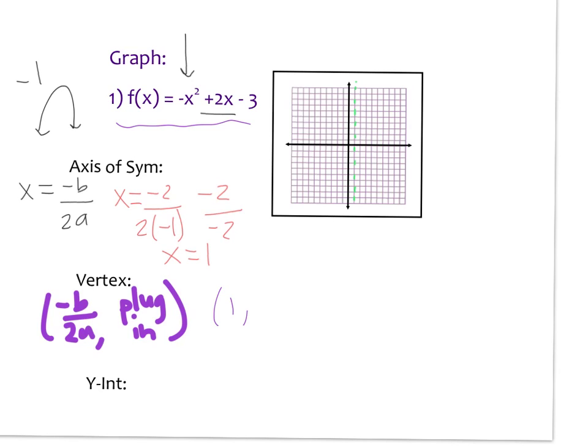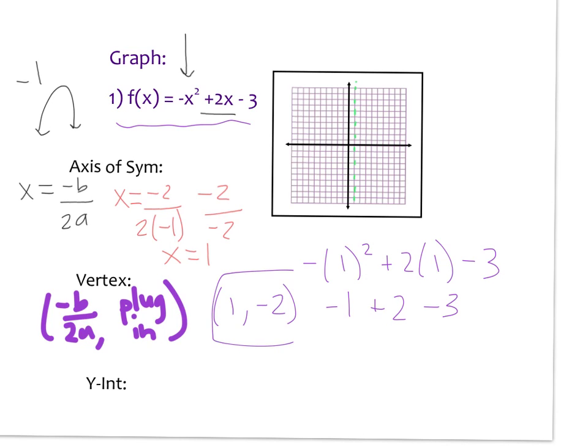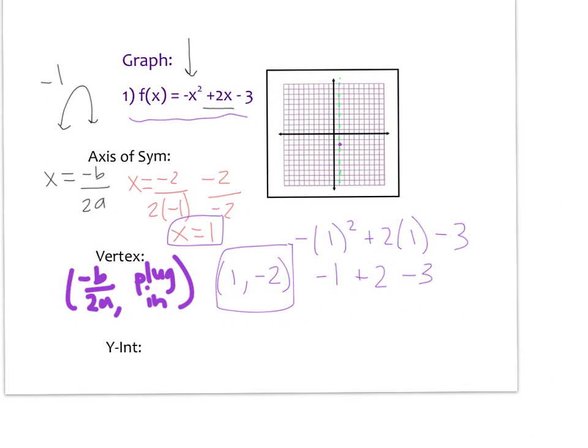So here I have negative times 1 squared plus 2 times 1 minus 3. So 1 squared is 1, but with a negative is negative 1, plus 2 minus 3, which is negative 2. So my vertex here is 1, negative 2, and again, I'll circle my axis of symmetry. And I'm going to go ahead and plot my vertex on my graph right now. So I have plotted my vertex on my graph.